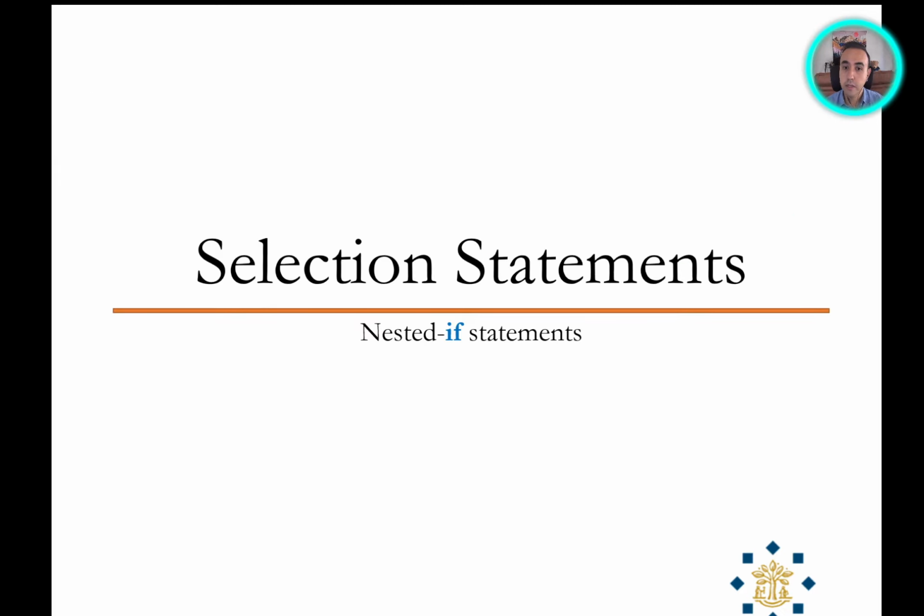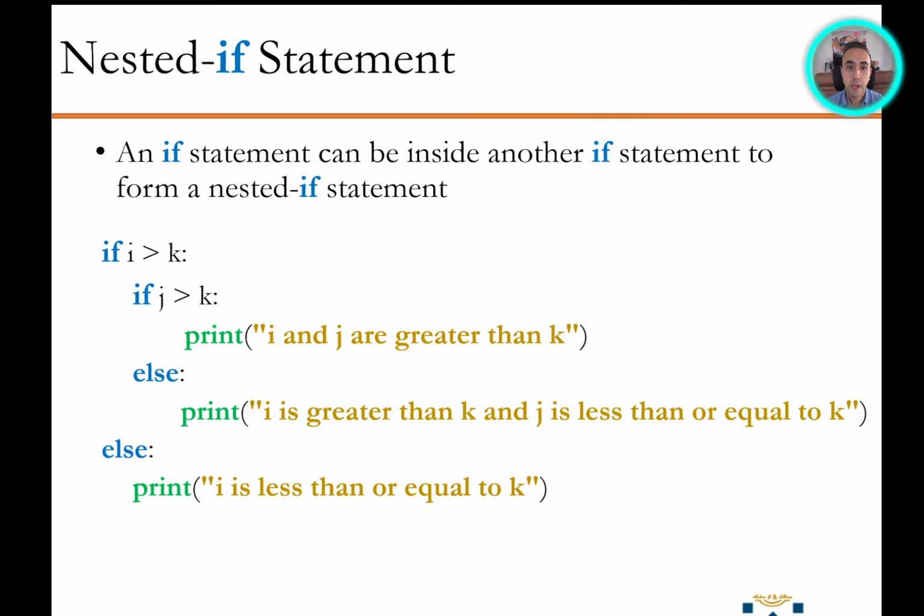All right, so let's look at nested if statements. So this is the third type of the selection statements. A nested if statement, that is if within an if. So for instance, you have an if statement over here. You first check whether I is greater than k. If that's true, you're inside the if block.